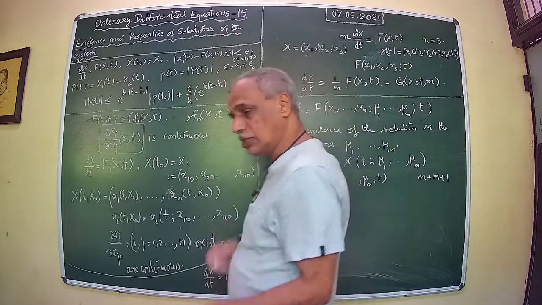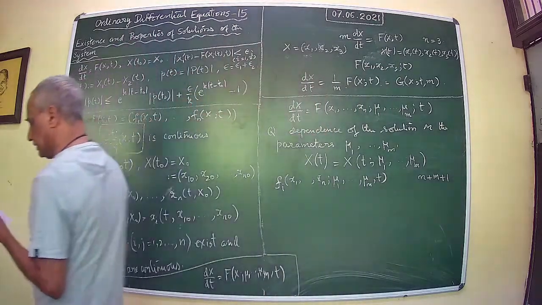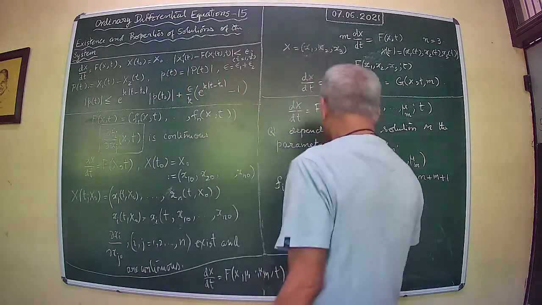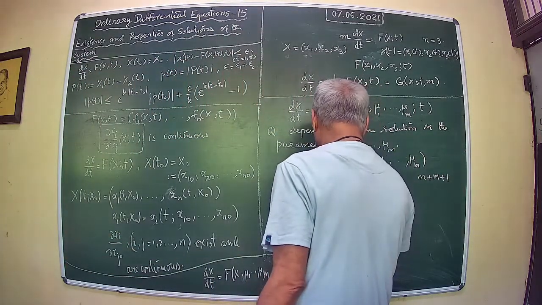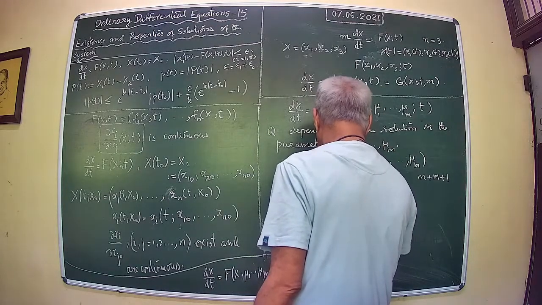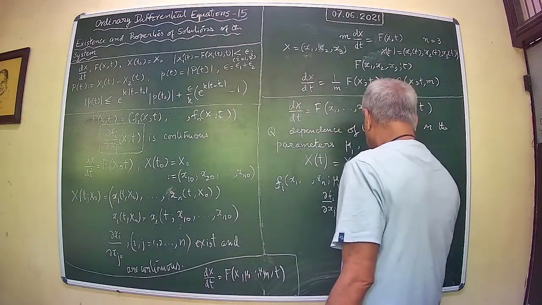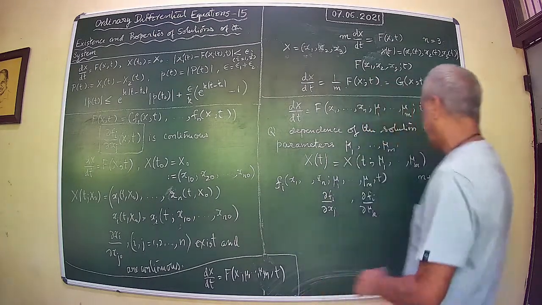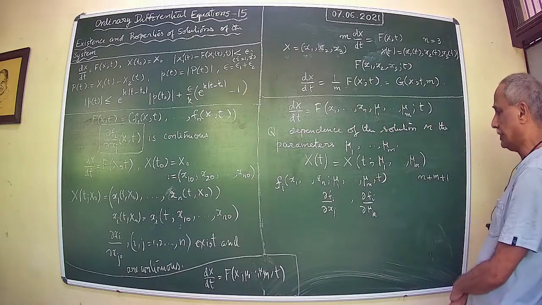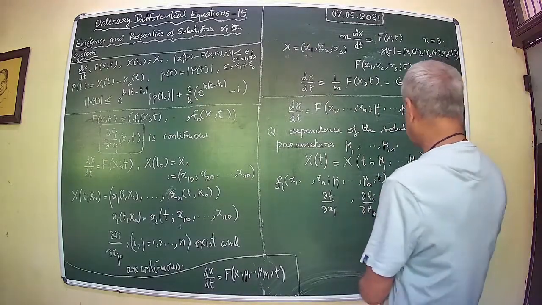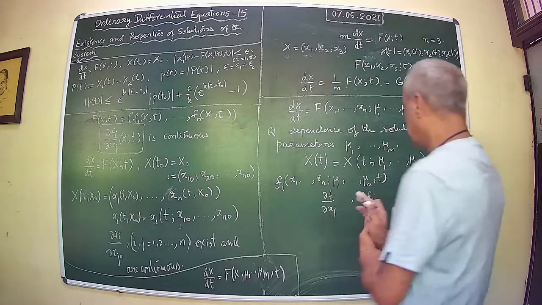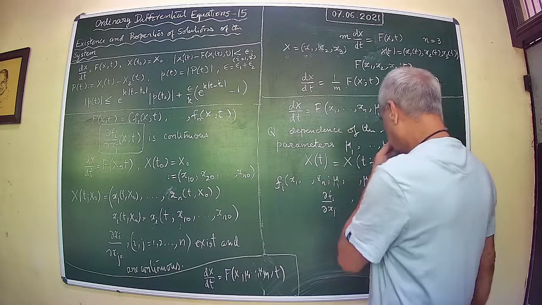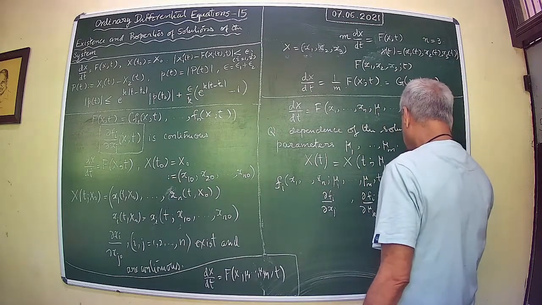Further, you also assume fi's and their partial derivatives, the partial derivatives dfi by dxj, then dfi by d mu k, for each i running from 1 to n, j running from 1 to n, k running from 1 to m, are continuous.